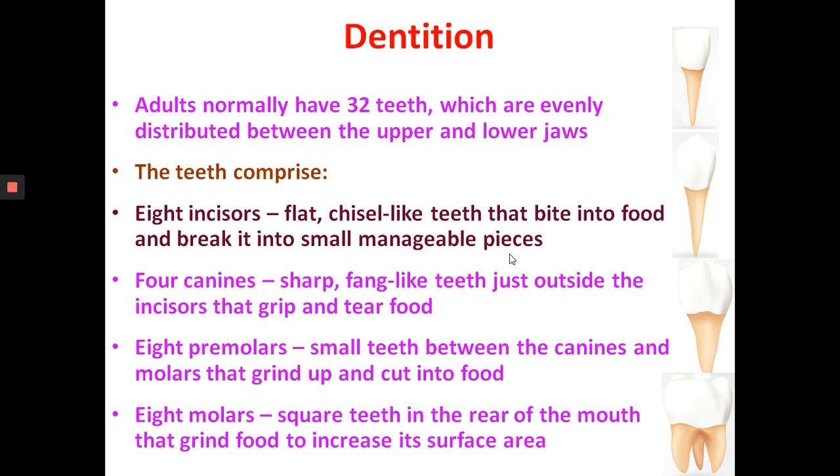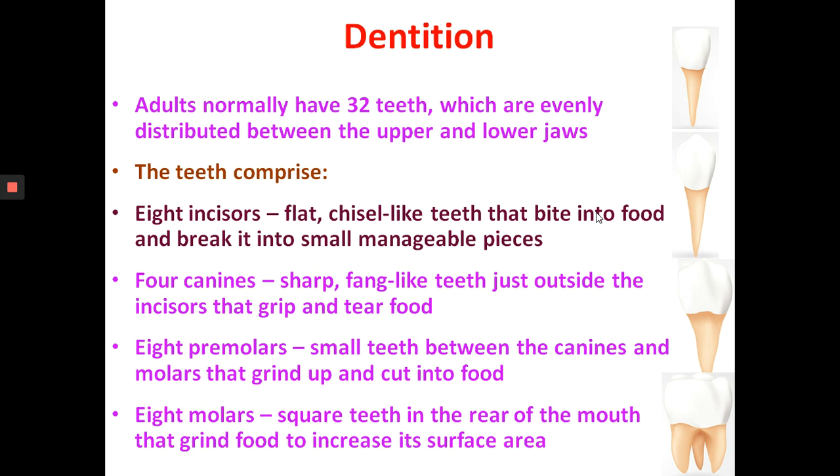Then the next part which aids in the mechanical digestion is the dentition. As you all know, adults normally have 32 teeth, which are evenly distributed between the upper and lower jaws. The teeth comprise 8 incisors. These are the incisors, flat chisel-like teeth that bite into the food and break it into small manageable pieces.